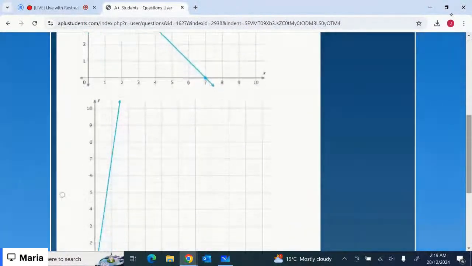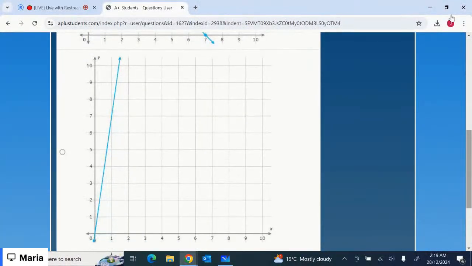And the slope is 7, so you need to move up 7 points and right 1 point. So option number 2 is the correct option.